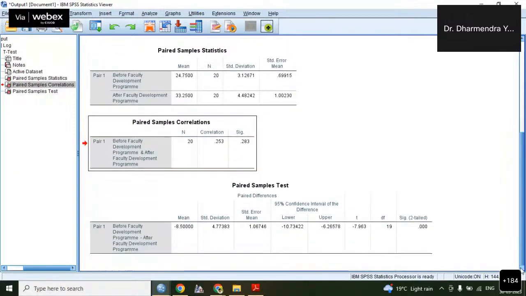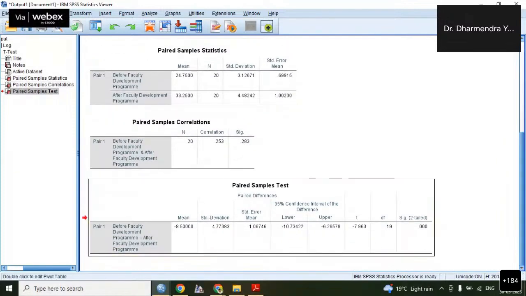Now the ultimate thing for your analysis is this table, the paired sample t-test. You will always make your decision on the basis of this table only, whether your hypothesis is rejected or not.